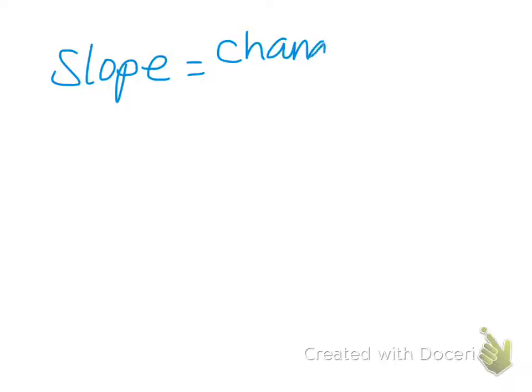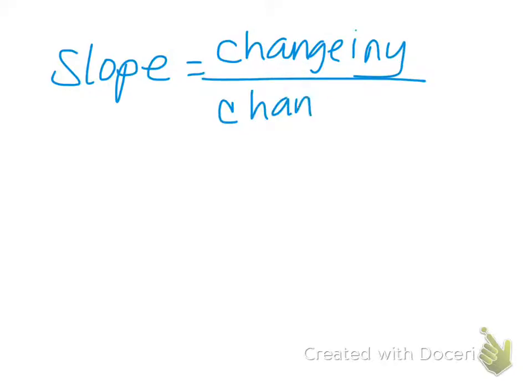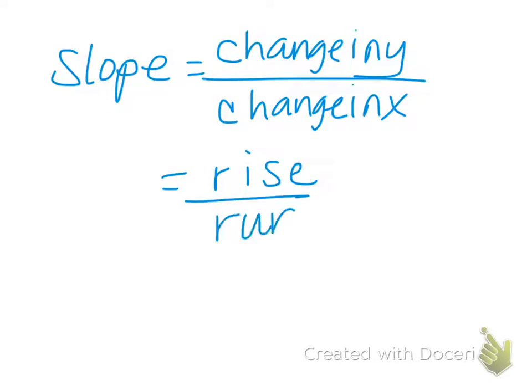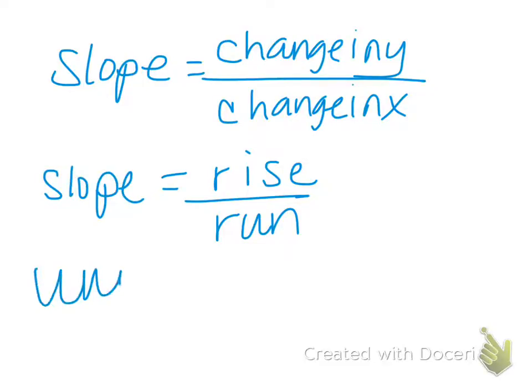So lots of different things going on here. Remember, slope has different hats. It can be the change in y divided by the change in x. It can be rise over run, which is the same thing. It is also the unit rate.